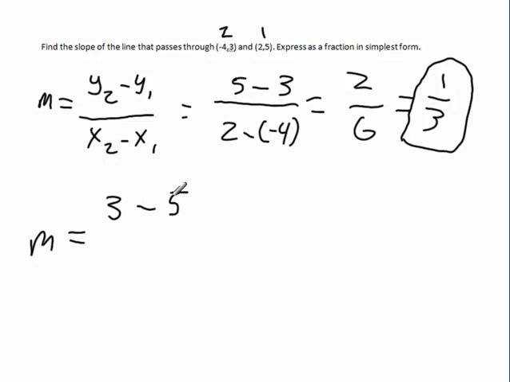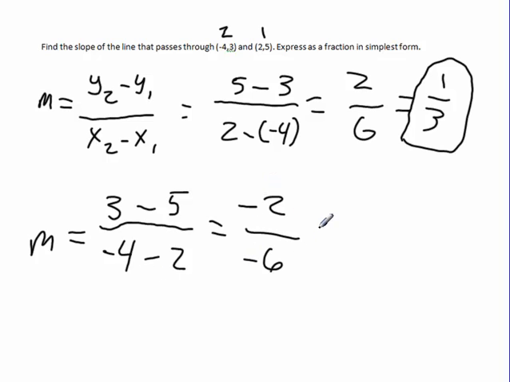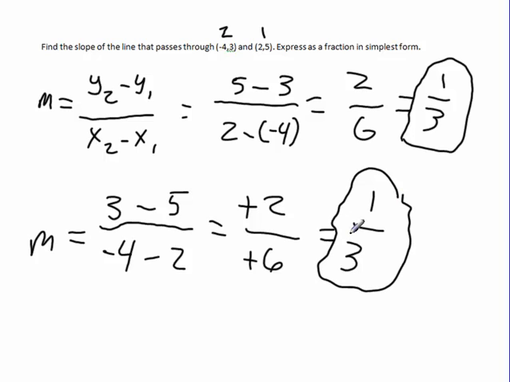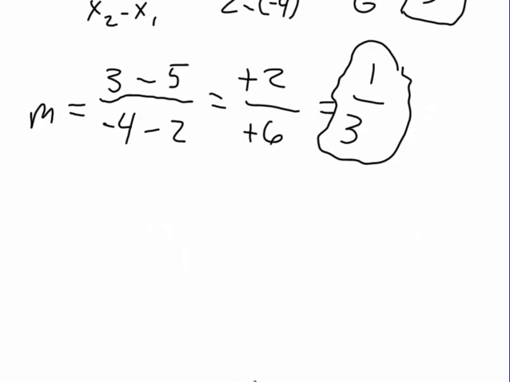So 3 minus 5 over x2 minus x1, so negative 4 minus 2. 3 minus 5 is negative 2, over negative 4 minus 2, which is negative 6. That simplifies to 1/3. Right, it's still positive. That's not too bad at all.